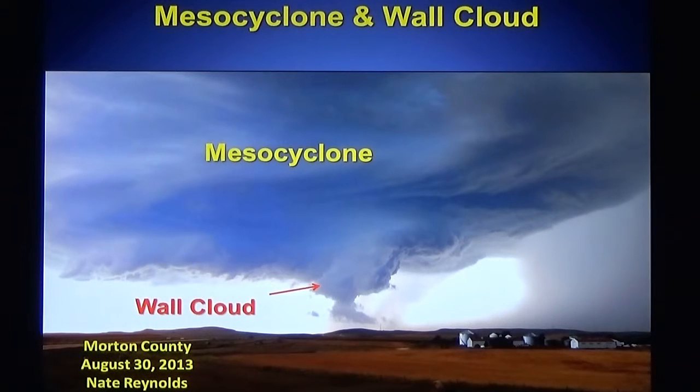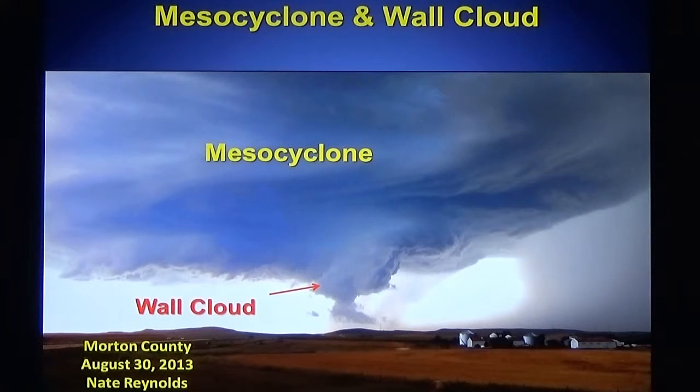Here's our mesocyclone with our wall cloud. Again, what's happening here is where you see the bright sky, the daylight through the bottom of the storm, that's all upward motion into the storm. Over here, you can see the rain coming out of the storm down to the ground. The rain-cooled air is coming out of the thunderstorm and being sucked back into the thunderstorm right here, forming the wall cloud.